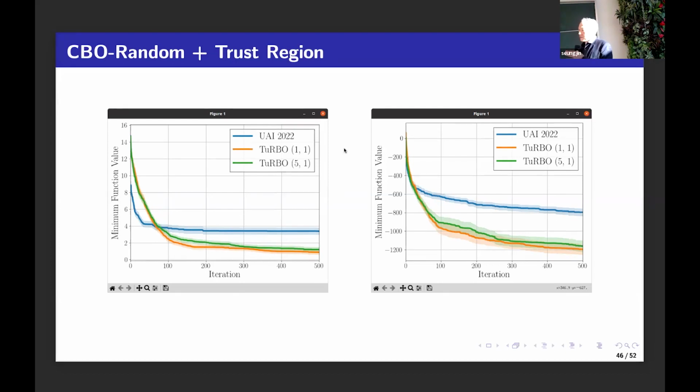Although you have a very small number of examples, you can roughly estimate the landscape of the objective function, then find one candidate and evaluate it, and then your data increases by one.